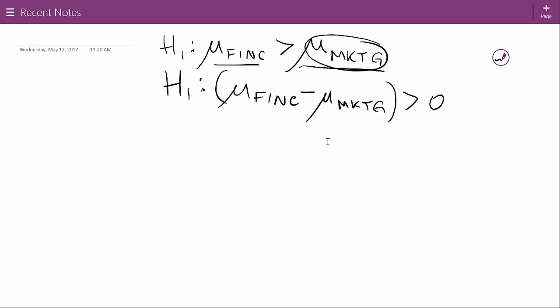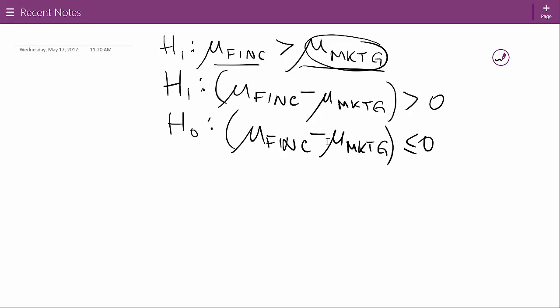So if I find in favor of my alternative, I'd say yes, it's true that finance guys are offered more money on average than marketing guys, right? So my null hypothesis becomes the opposite of the alternative: finance minus marketing is less than or equal to 0. This is what I'm testing. Okay?